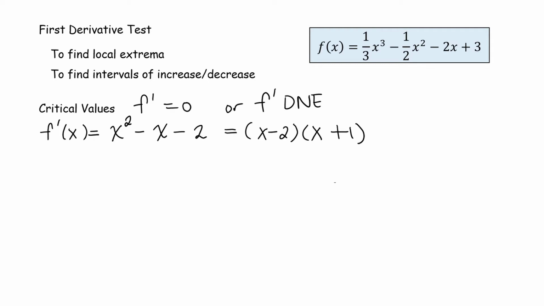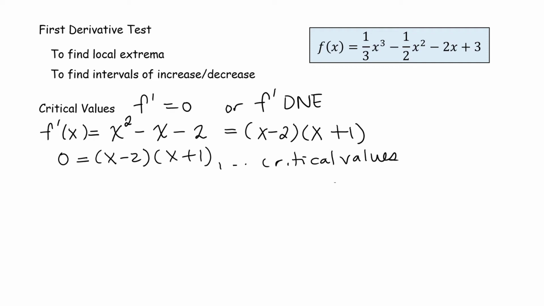If we set this equal to 0, as we need to, we would have 0 equal to x minus 2 times x plus 1, and when solved, we would have critical values of x equals negative 1 and x equals 2. Let's observe that we don't have to be concerned with where the derivative does not exist because the derivative is also a polynomial function.